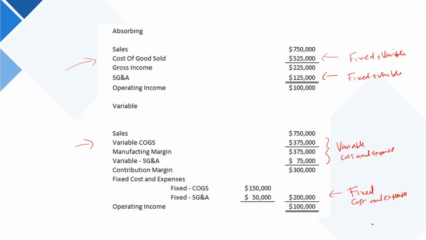And you have a combination here. You could mix SG&A, which means sales and administrative, and COGS, which means cost of goods sold. You could mix those in the variable costing. You wouldn't do that in the absorbing costing.